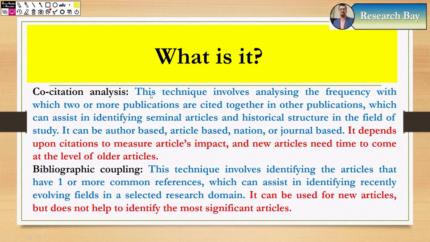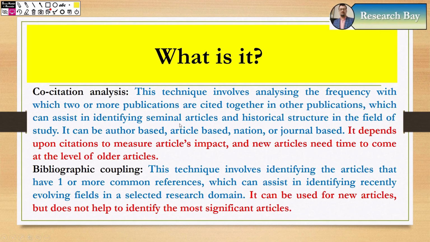This is what we have already discussed. Let us recap before we go into VOS Viewer. This technique involves analyzing the frequency with which two or more publications are cited together in other publications, which can assist in identifying seminal articles, foundational articles, and the historical structure in the field of study.